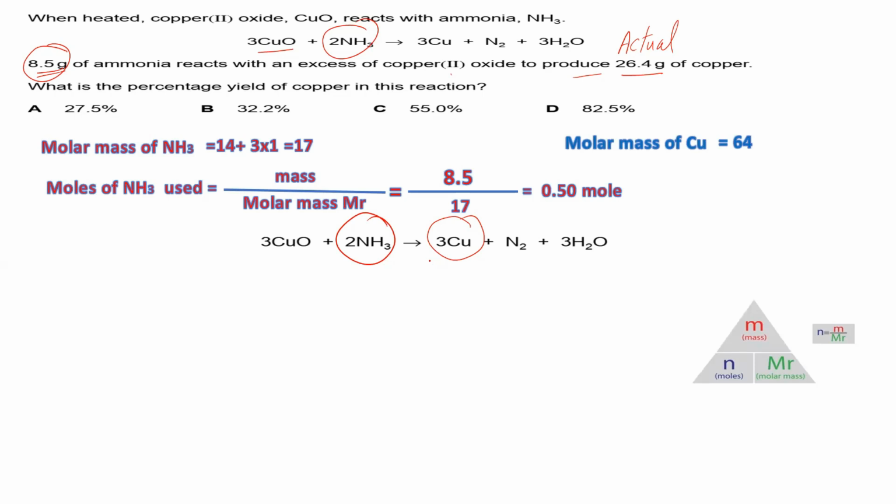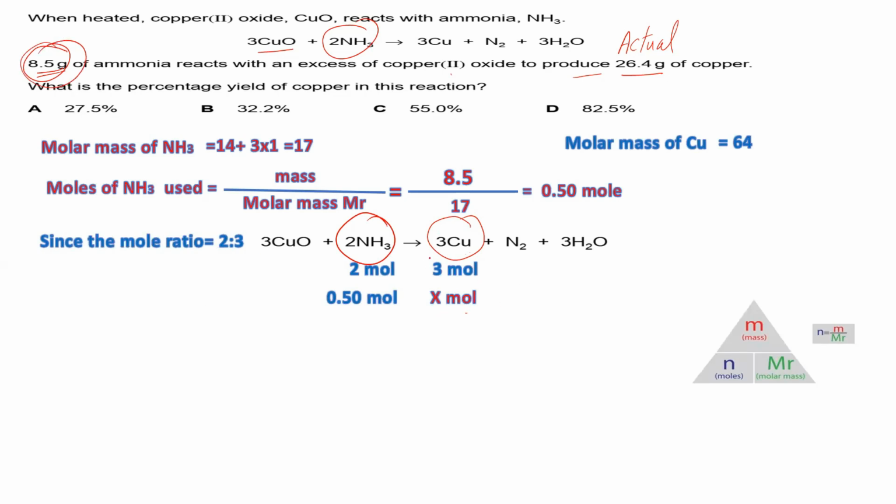But actually, we did not use 2 moles of ammonia, only 0.5 mole. So what is the number of moles obtained, X mole?